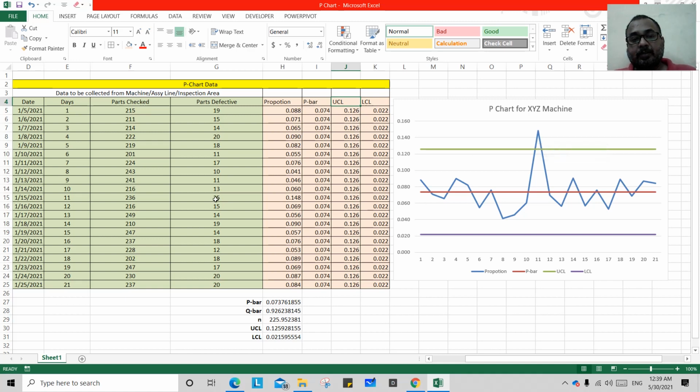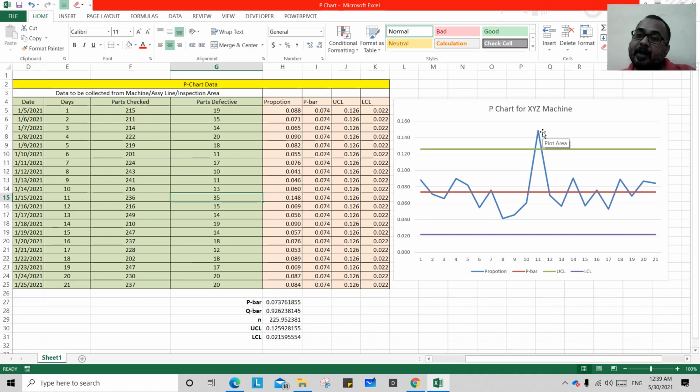Now on this particular 11th day, out of 236, 35 parts were found defective. So according to this chart, it was a special cause and it went beyond the upper control limit.